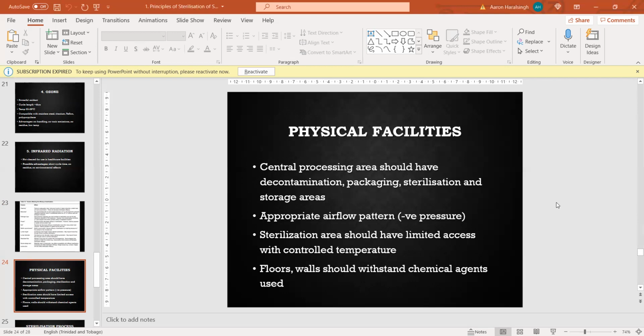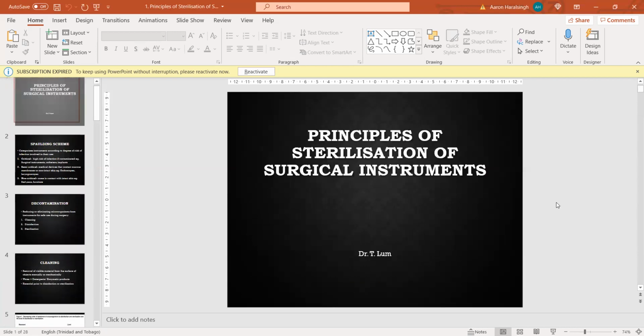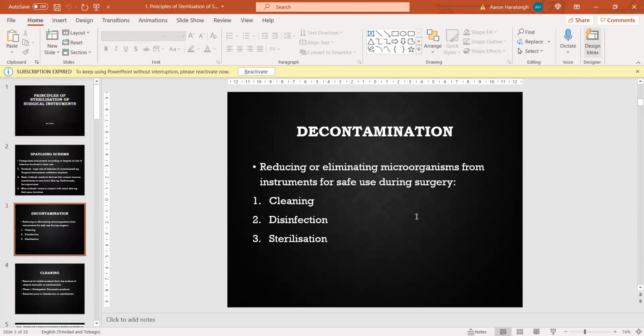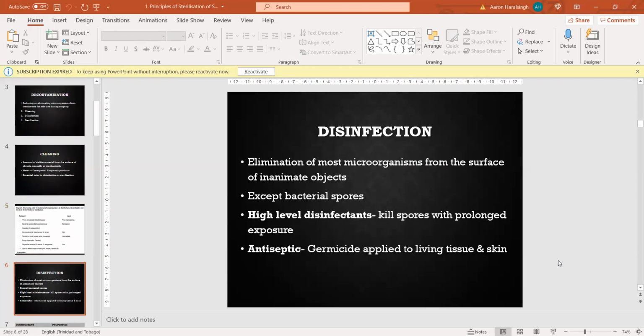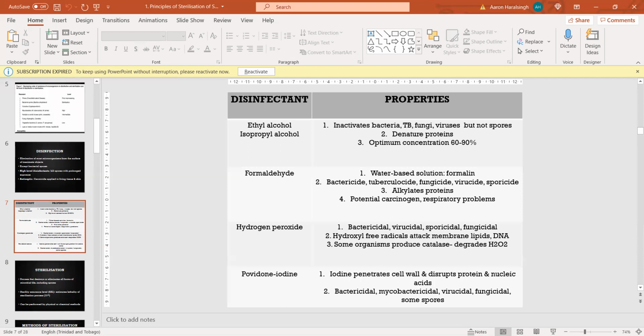So it's actually mentioned in the earlier part of the presentation here, where decontamination involves cleaning, disinfection, and sterilization. So the cleaning is the removal of any visible material from the surface of the object, manually or mechanically. It uses water and detergents, soapy detergents, or sometimes enzymatic products as well. And that is a very essential step. Once that is done, we can use disinfectants, and then the instrument is then packaged.